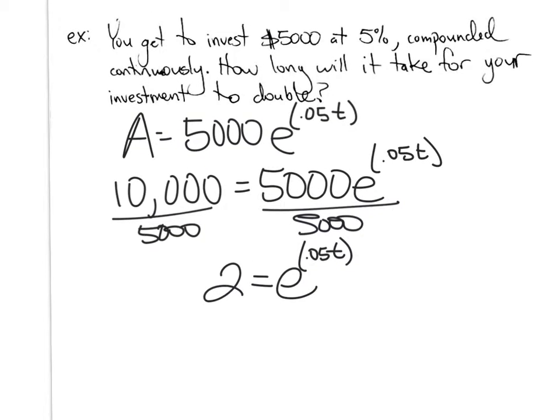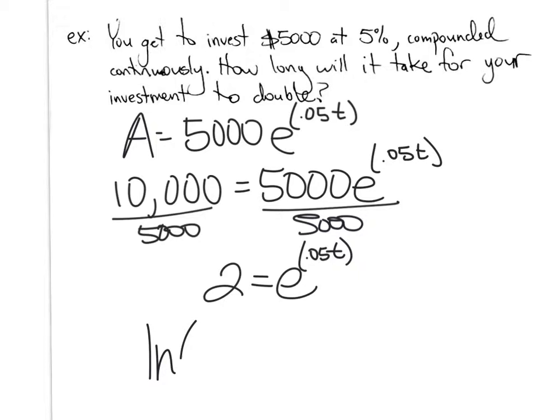Because we have the base to exponent all by itself, now we can take the log of both sides. So log of 2, and I'm going to use ln because it's going to make it a little easier, because ln of e is 1.